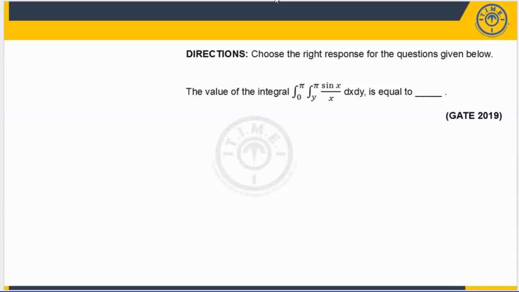Now the question is, do we have the integral of sin x by x? We don't have an integral of sin x by x. Okay. So as we are unable to integrate first with respect to x, I'll reverse the order. That means I'll change the order of integral.